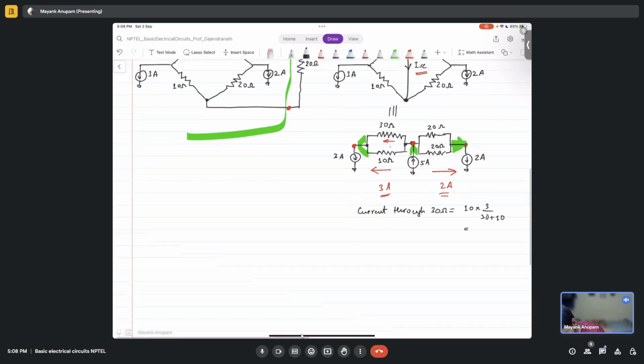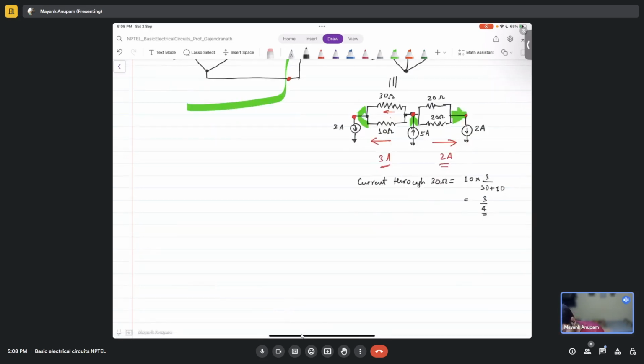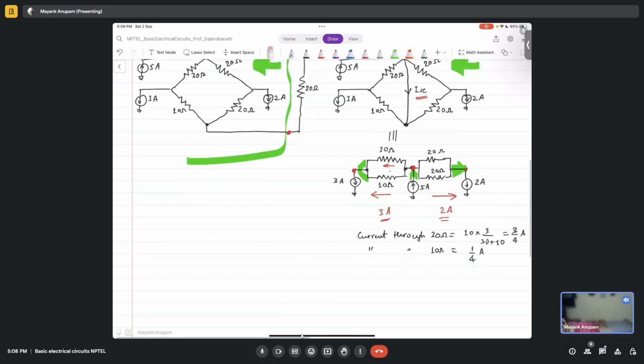How much will this be? 3 by 4, right? And then through 10 ohms will be 1 over 4 amperes, correct? So these are the two currents through 30 and 10.